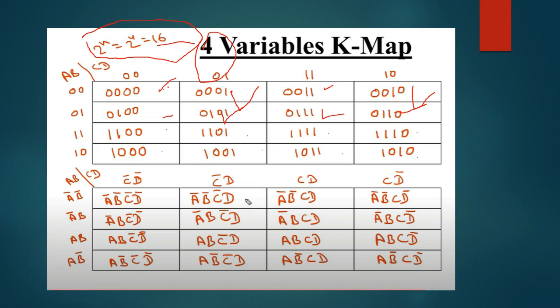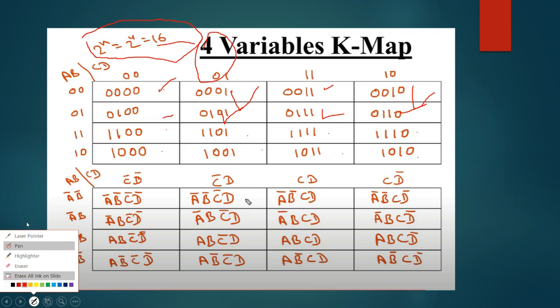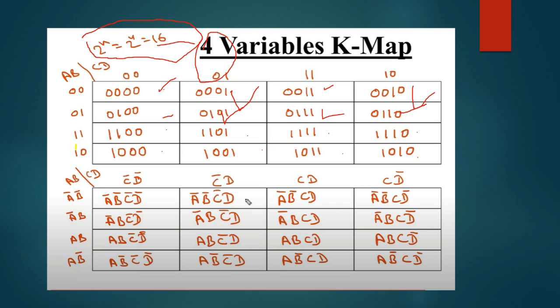Once we have built the cells, what is our next task? Can you tell? Now that we have built our cells, our next task is to draw the different variables. Let's pick a highlighter, it makes it easier to understand.